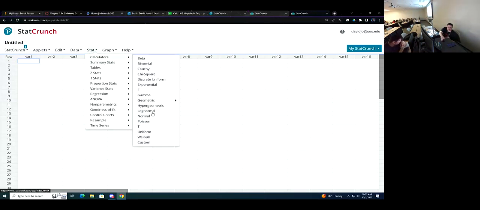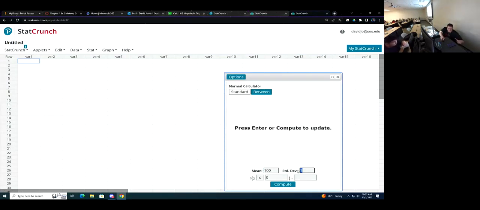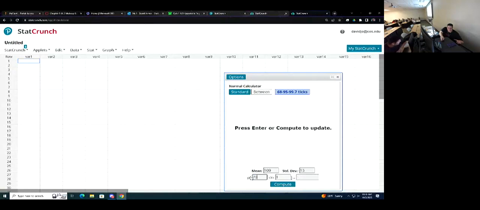We're going to put in our mean of 100 and our standard deviation of 15. We're going to click on between. And notice as soon as I click on between or compute with other numbers in there, it gave me this thing up here. We'll look at that in a second. We want 70 to 115.